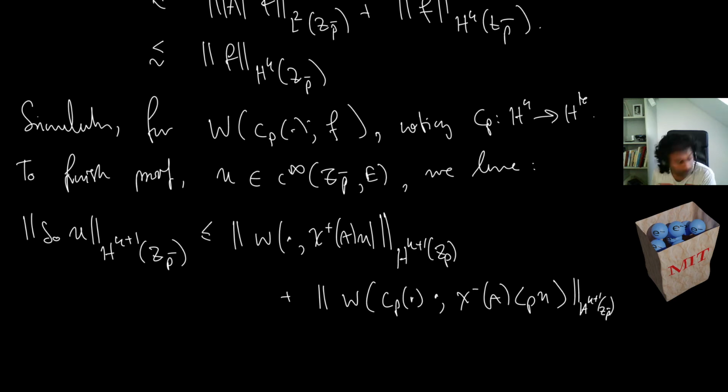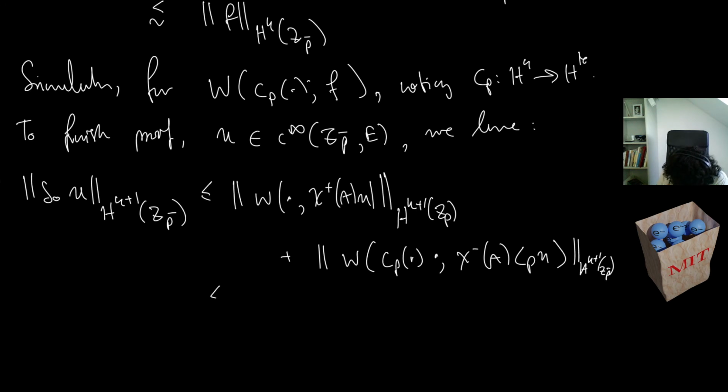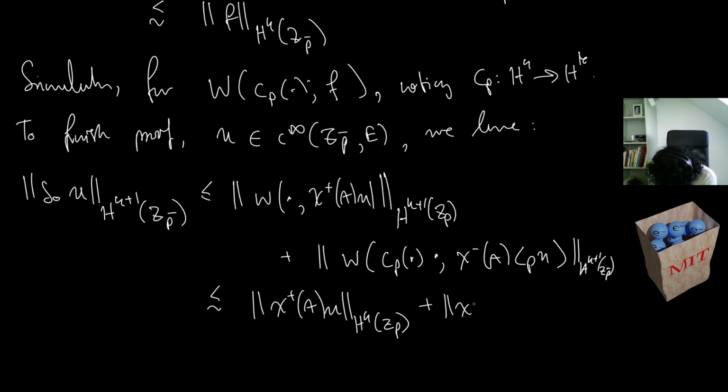But by what we've just proved, this is now bounded in the chi plus A norm of u, HK Z rho, and then this is bounded in the chi minus A norm of HK Z rho bar.